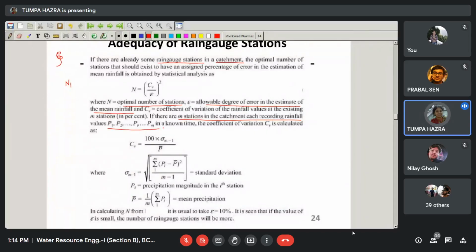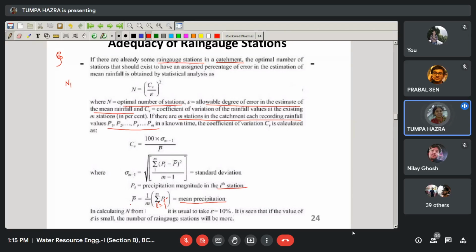First you will calculate the average precipitation of the area by the formula P bar equals summation i equal to 1 to m of Pi by m, where Pi is the precipitation of the ith station.